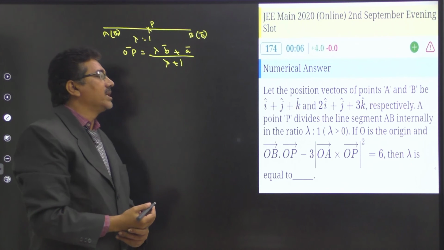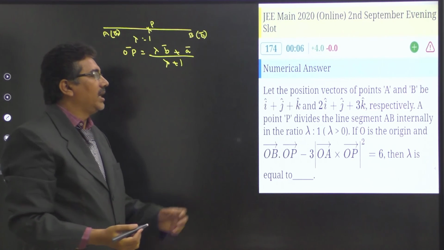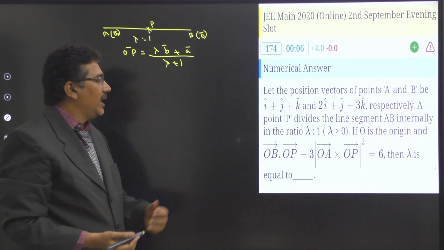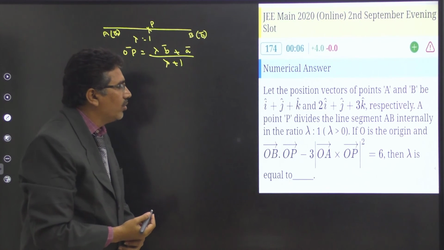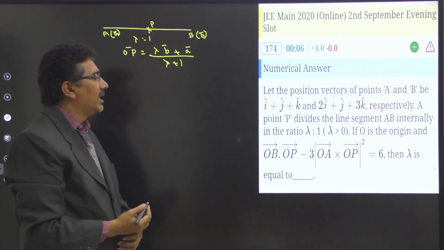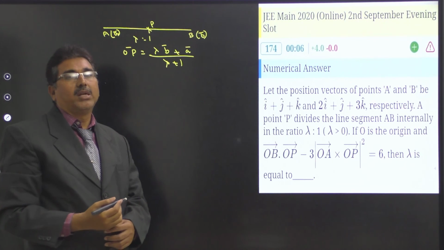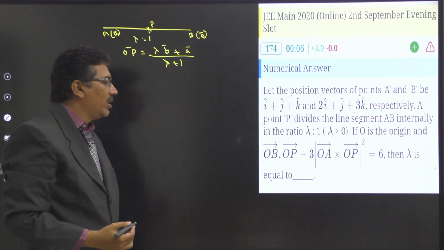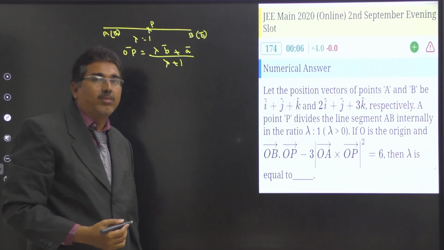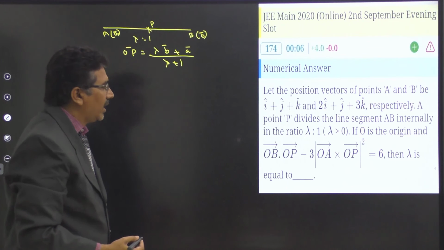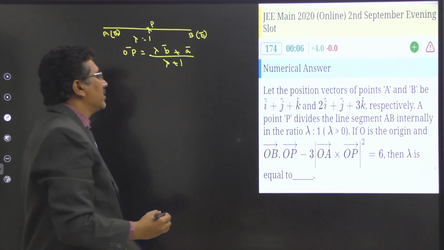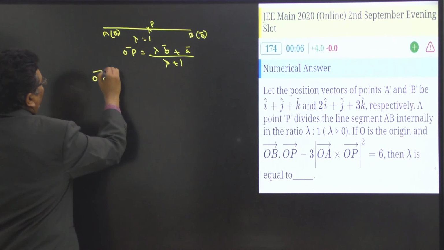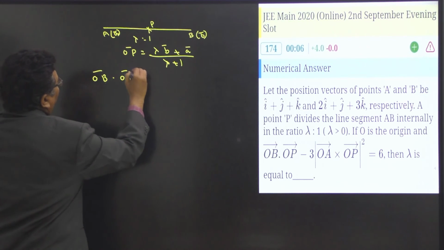That is the position vector of P. If O is the origin and given the relation OB bar dot OP bar minus 3 into modulus of OA bar cross OP bar whole square is equal to 6, then lambda is equal to? First, what is OB bar dot OP bar?